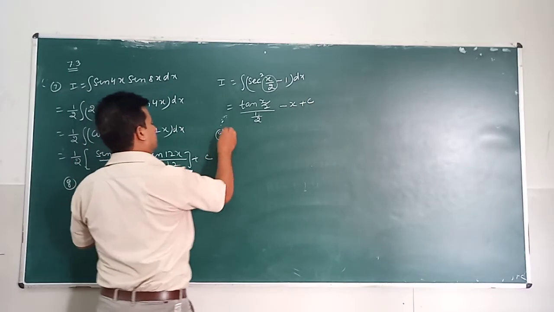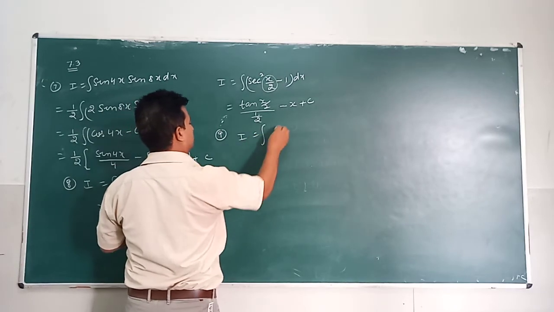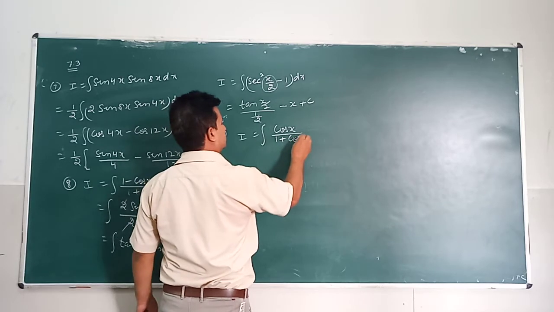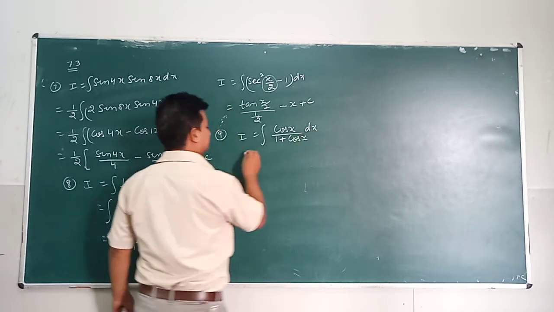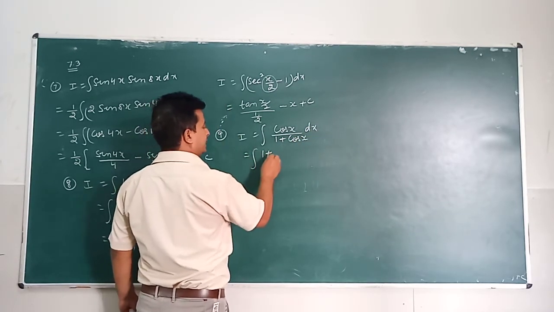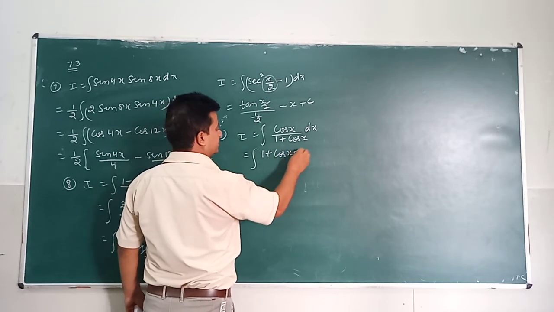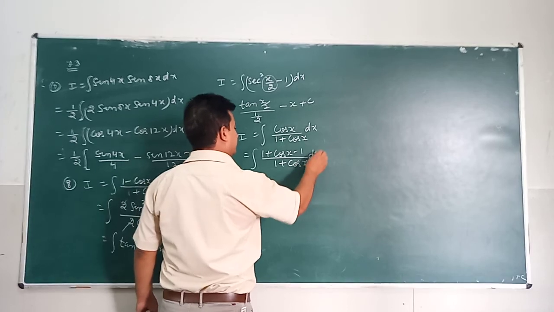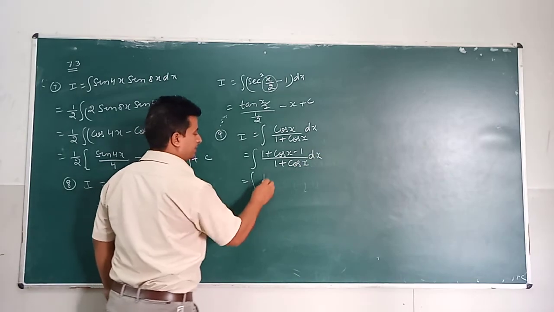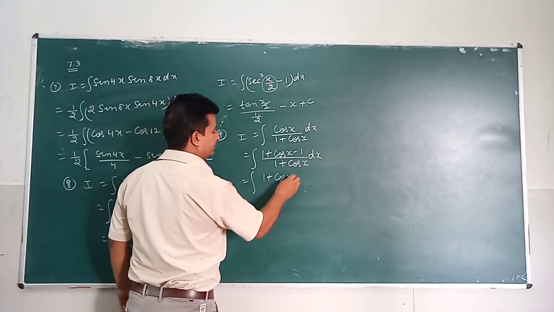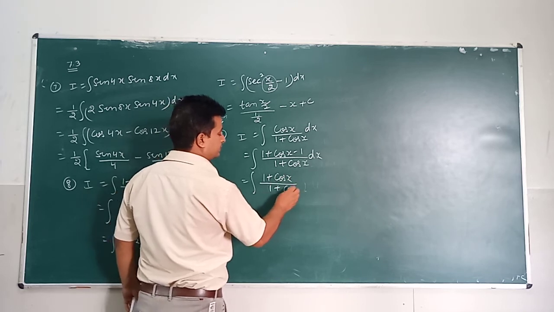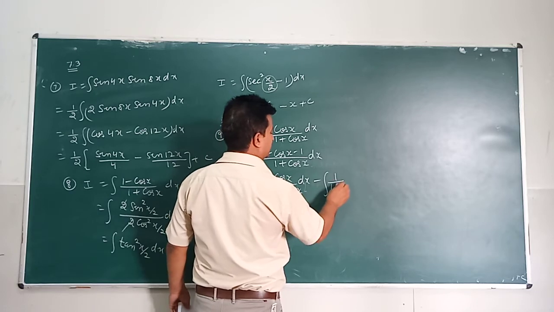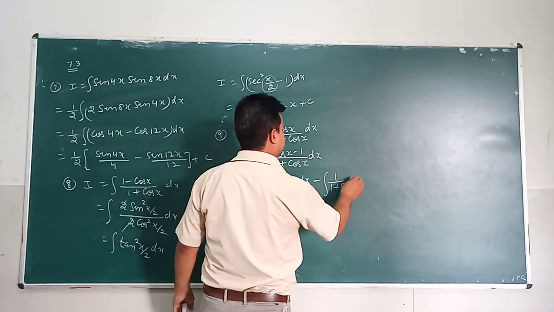In question number 9, I equals the integral of cos x upon 1 plus cos x dx. Here first we add 1 and subtract 1 in the numerator and separate these two terms. This is 1 plus cos x over 1 plus cos x, minus 1 upon 1 plus cos x dx.